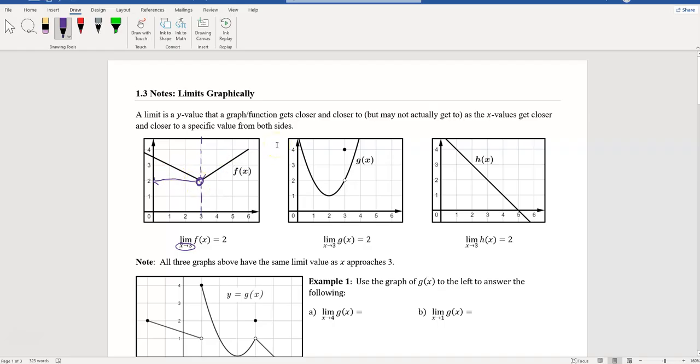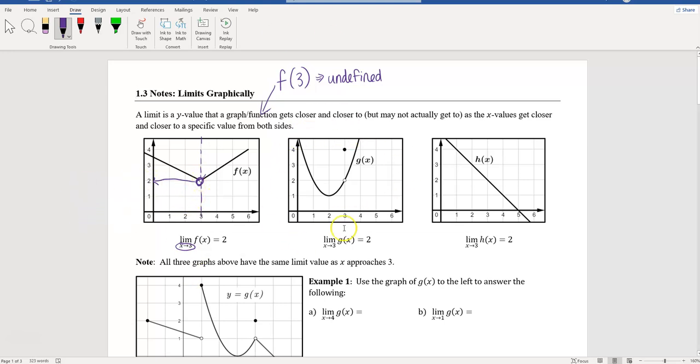Now, if they ask you for f of 3, that would be undefined. The graph does not exist at that exact point, but the limit is just what you're getting closer and closer to, right? So we have a limit there.